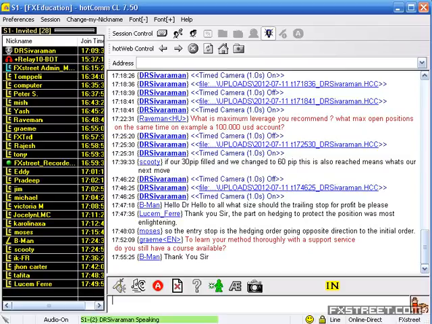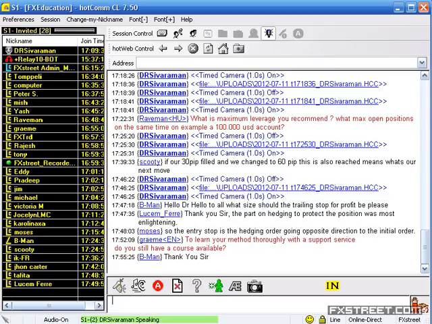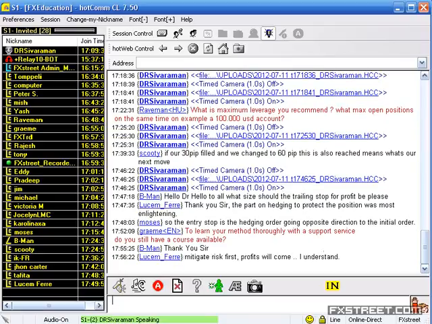Then Moses. So the entry stop is the hedging order going in the opposite direction of the initial order. Yes, you are right. So if you have a buy position in euro, we will have a sell position as well as a hedge. Thereby, our usable margin will be blocked only to the extent of 30 pips. Let them drop even 300 pips, we will not be affected.